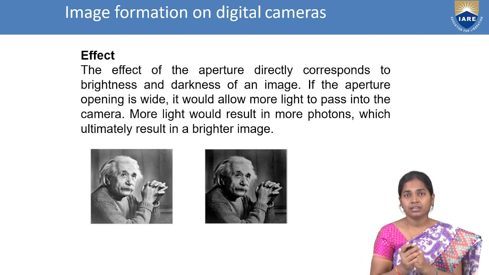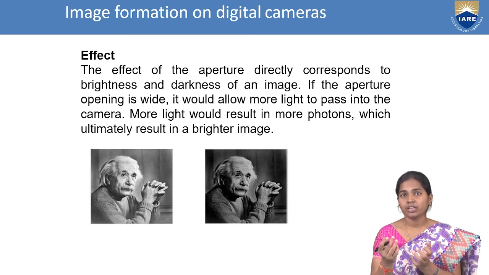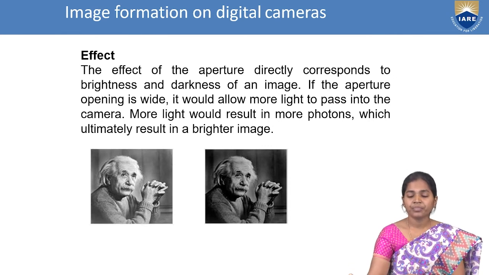If the opening area is very small, the image quality is poorer. A wide aperture allows more light to pass into the camera, resulting in more photons, which ultimately results in a brighter image.